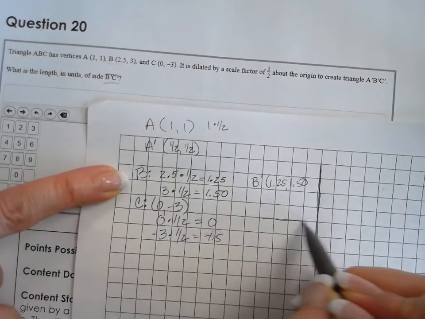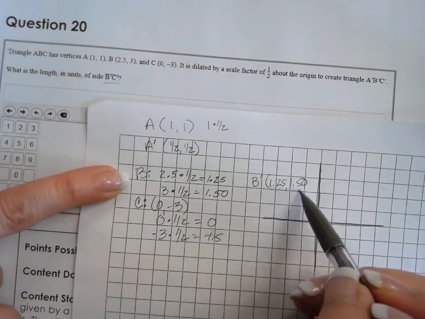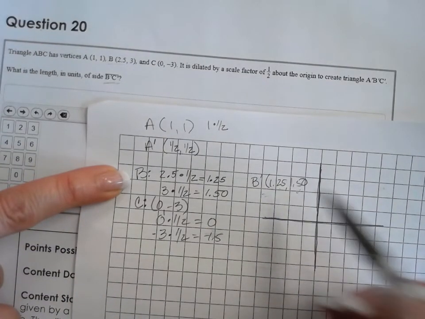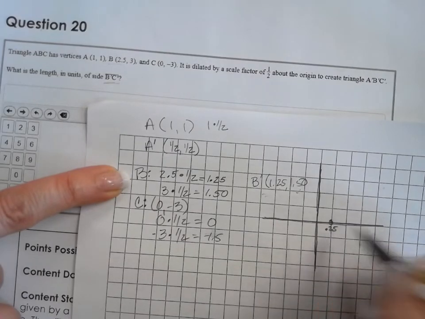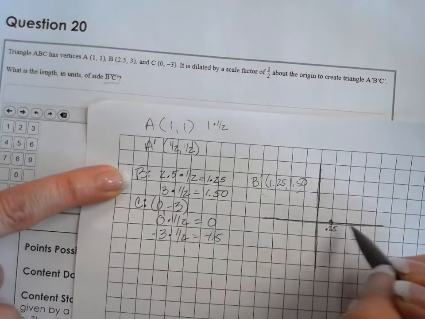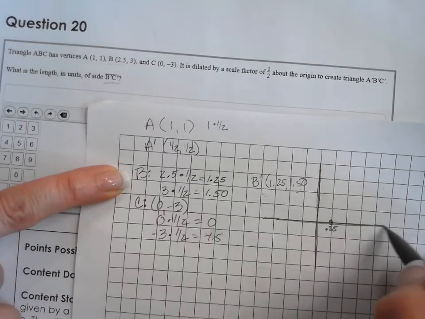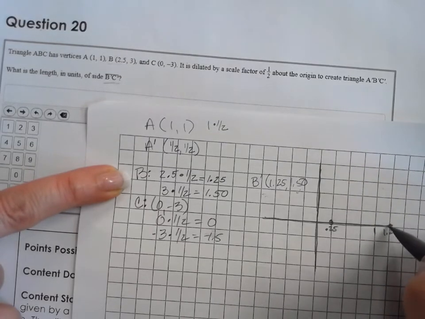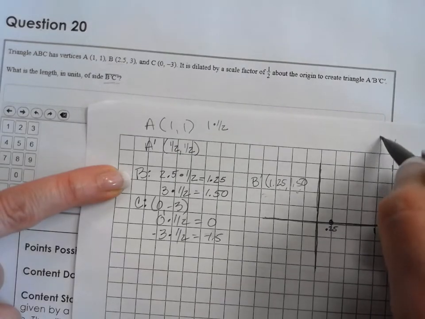I can do it a couple of ways. Since I got these little decimals, I'm going to make my scale 0.25. All right? So then I go 1, 2, 3, 4, 5. So this is 1.25. And then I got to go up 1, 2, 3. There's 1. Ooh, I got one more.